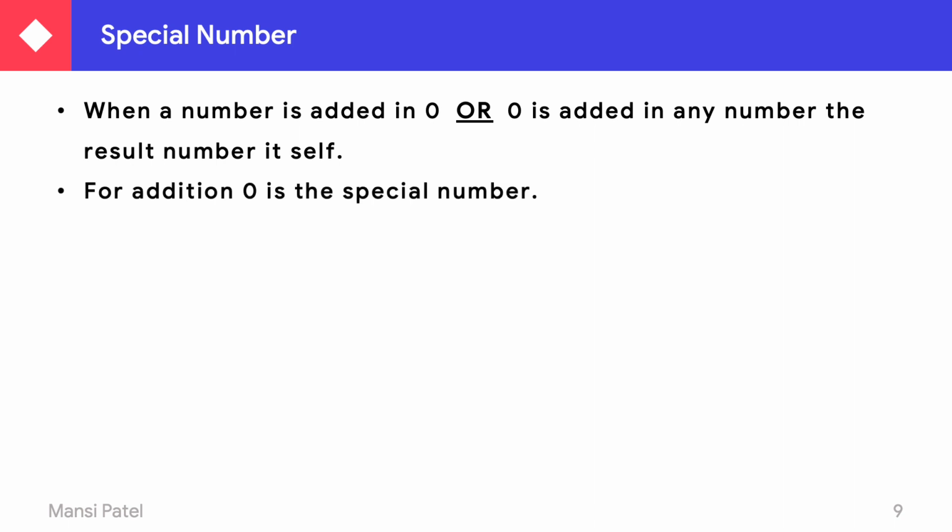So for addition, 0 is the special number. See here with one example. 15 plus 0 is equal to 15. 24 plus 0 is equal to 24. So we can say for addition 0 is the special number, and for multiplication 1 is the special number.